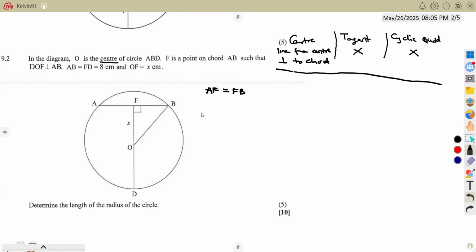The reason is line from center perpendicular to a chord.